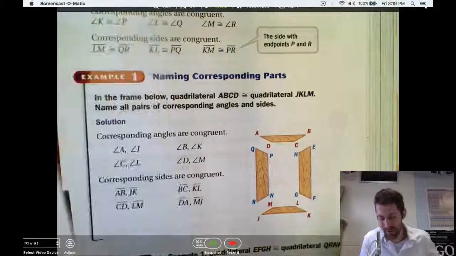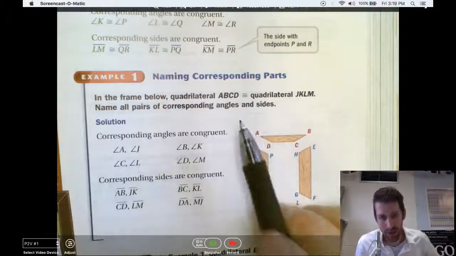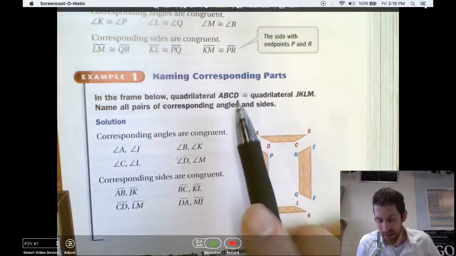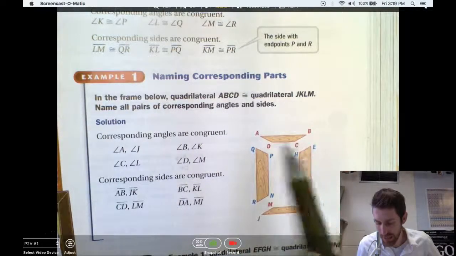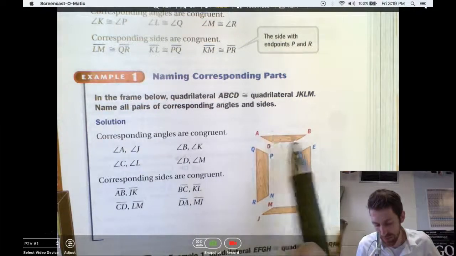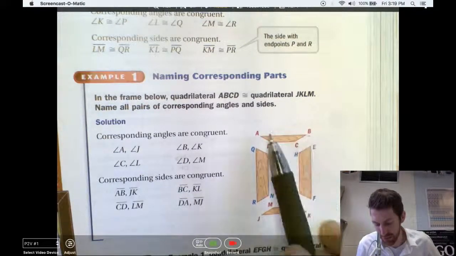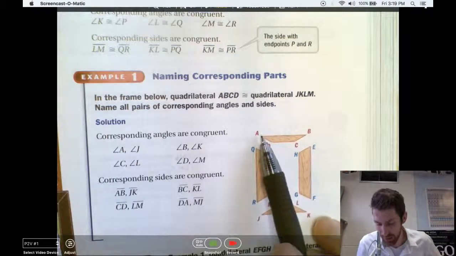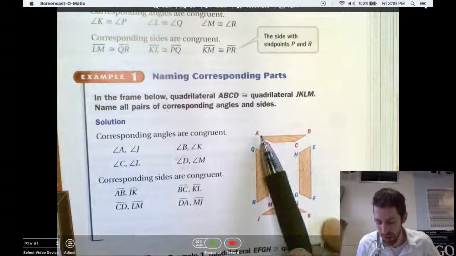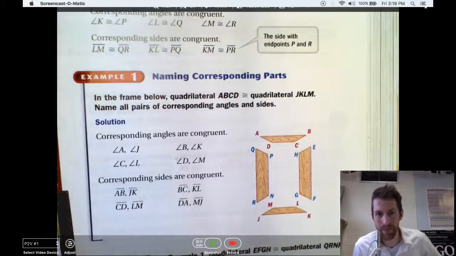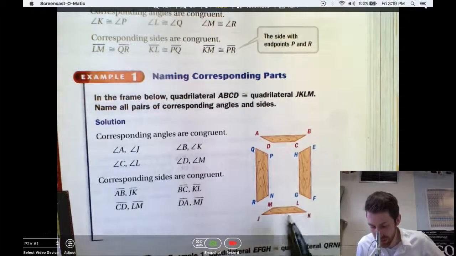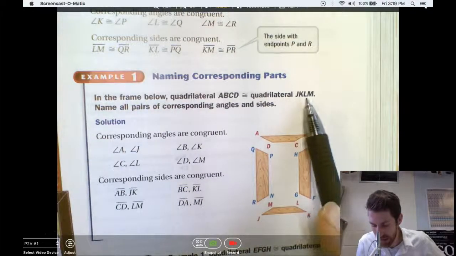But if it's something more than a triangle, a quadrilateral or bigger, you just actually list the vertices like that. So this is telling us that ABCD, and by the way, when you name something, it has to go in order around. You can go either way you want, but you couldn't say ACB or ACDB, right? You got to go A, B, C, D. Quadrilateral ABCD is congruent to this quadrilateral, JKLM.